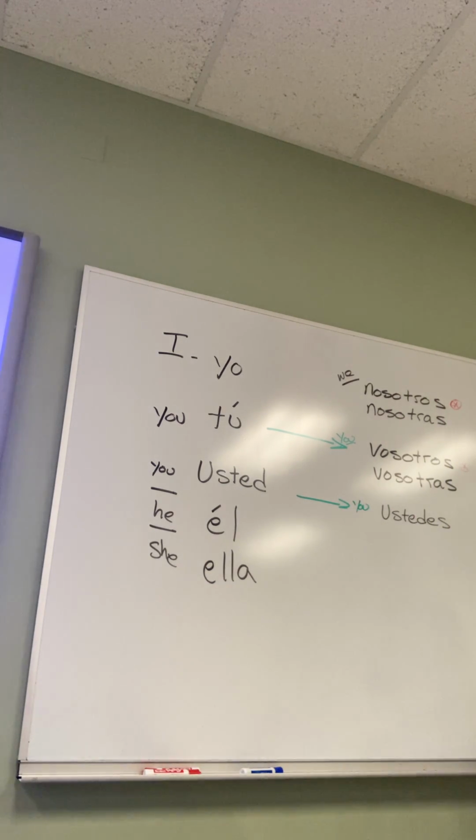Now, yes, in Spain, in España, this would only be used if you're talking to a group of strangers. Okay, two orthopedic surgeons have been brought in to consult with Dr. Jack, so I'm speaking to the three of you. Okay, we've got two old people. Sorry, you guys are old now. Okay, type of thing.